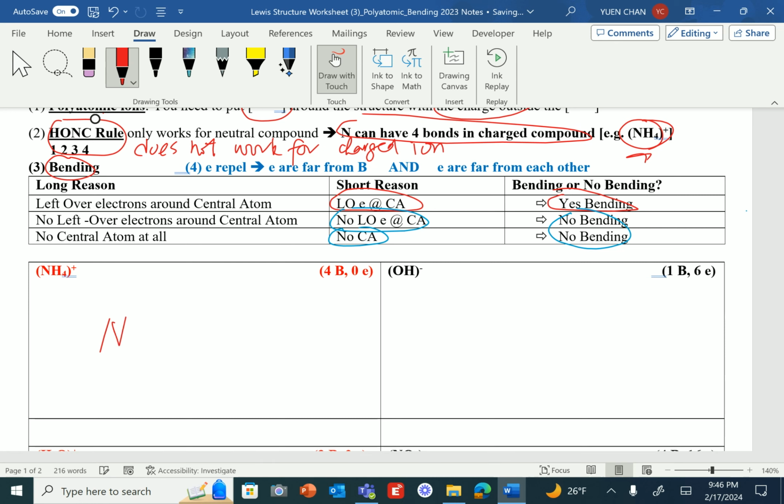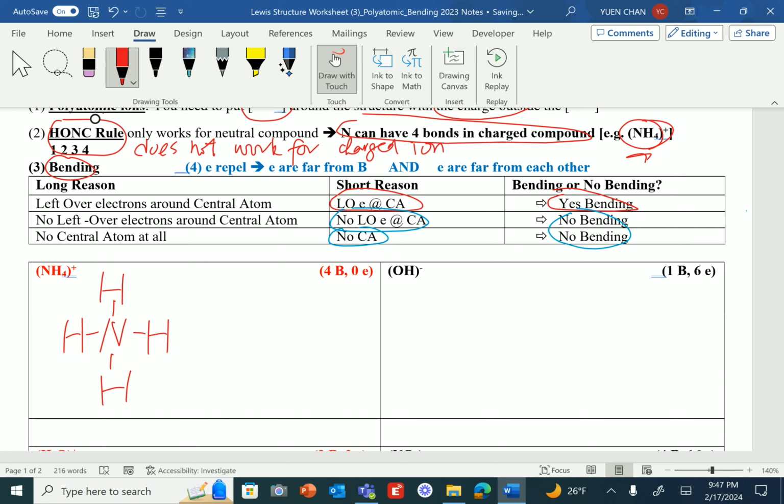Like that. Like this, okay? And then I will start with single bonds. 1, 2, 3, 4. And then I'm going to double check to make sure that the bonds match with my picture, as well as if all the atoms are full shell.